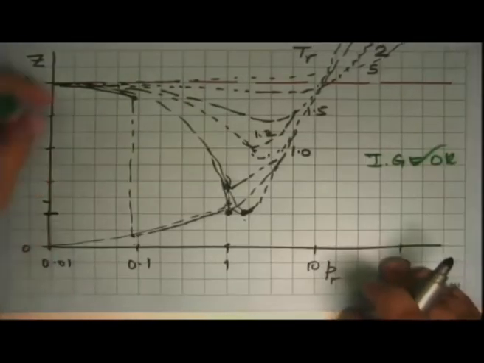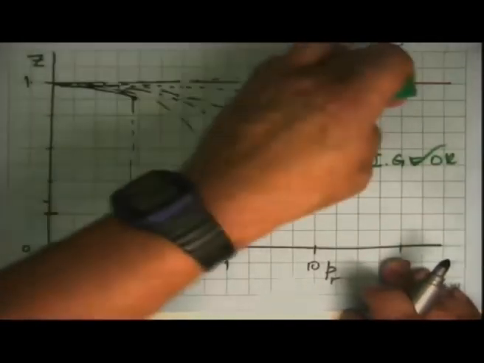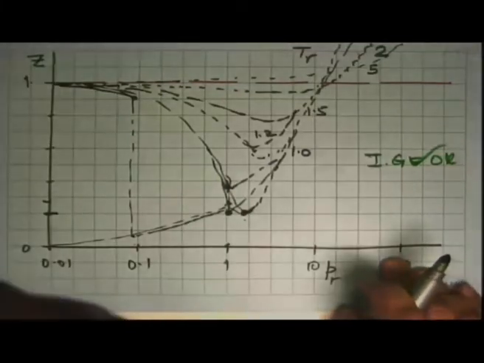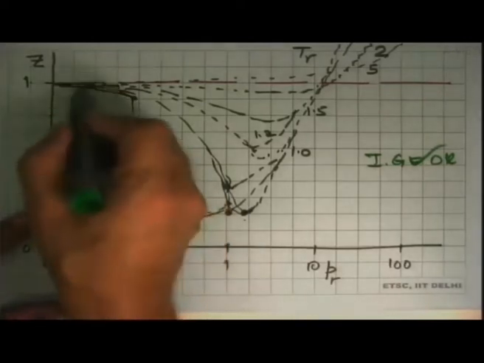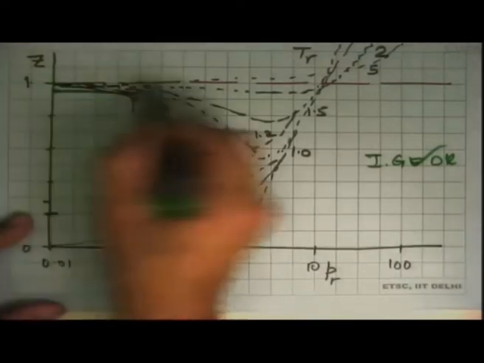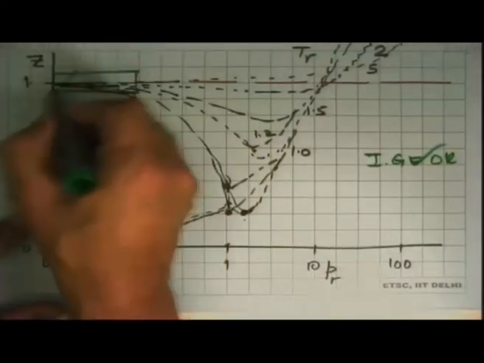Okay, so the question is, in which part of this chart can I say that ideal gas is okay? And so we look at the case where Z is equal to 1, and we say, okay, wherever Z is within a band, ideal gas is okay. And so one of the regions that emerges is right here.